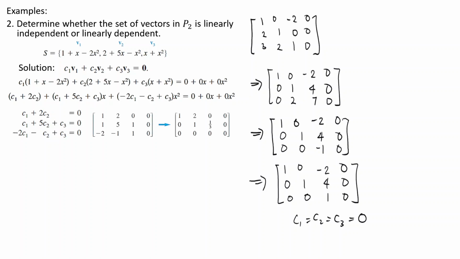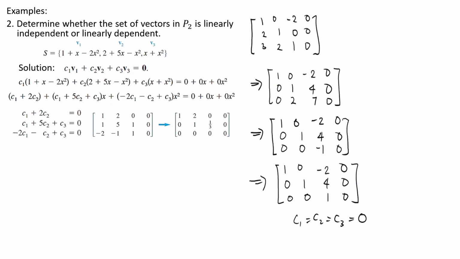By solving using Gaussian elimination, you can verify this. This is the augmented matrix, and you can verify that it can be reduced to this matrix. So we have here 0, 0, 0.